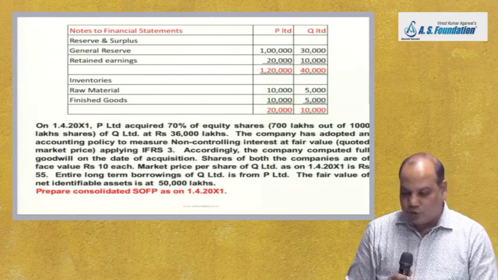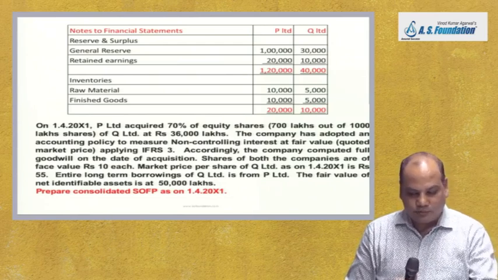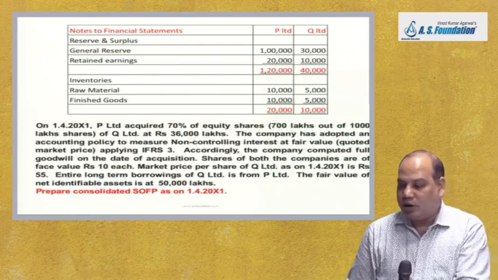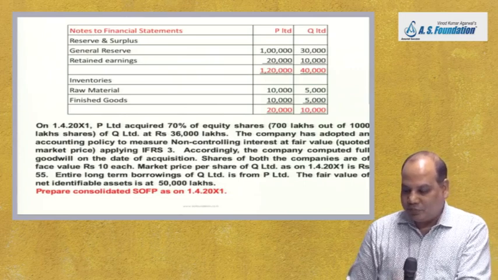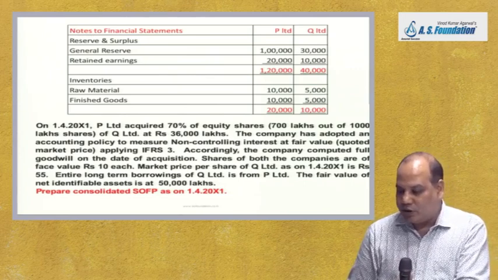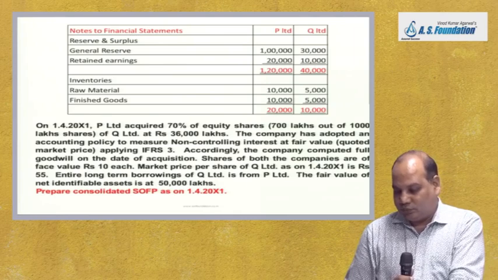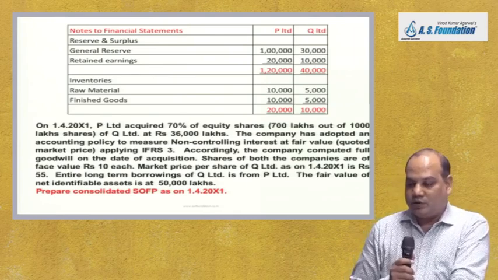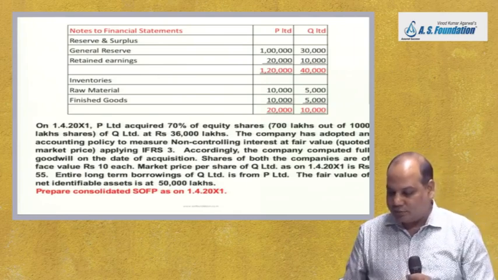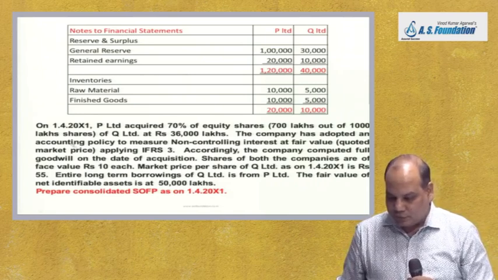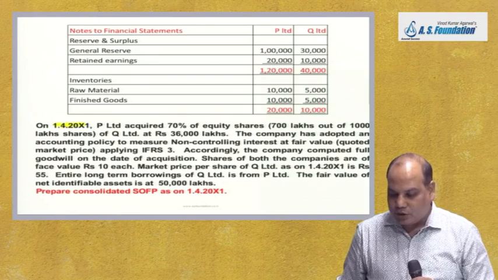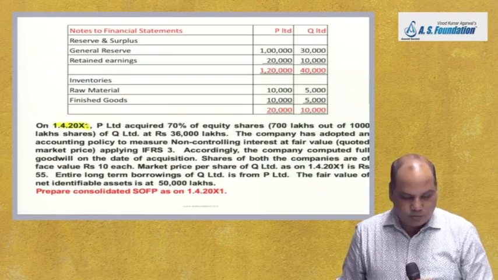On 1 April 20X1, P Limited acquired 70% of the equity share. When did they acquire? Underline 1 April 20X1. And what is the date of SOFP given to you?